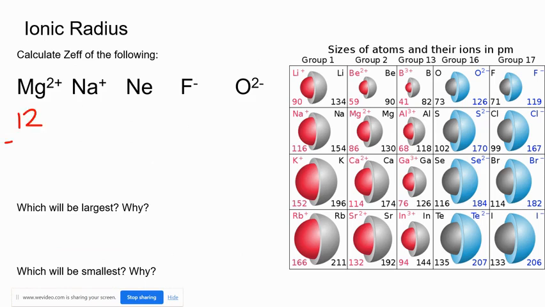And we're going to subtract out the core electrons. But this is a +2 charge.